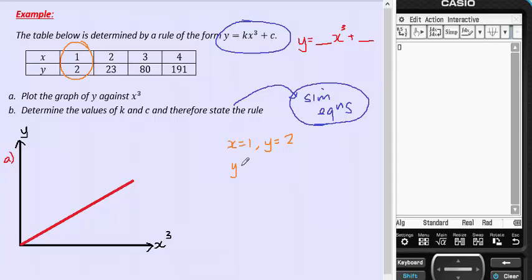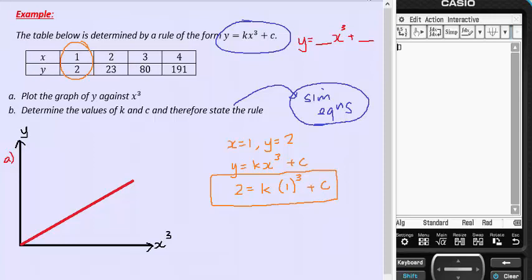So rather than writing y equals kx cubed plus c, I'm going to turn that into, well, y is 2 equals k, I don't know. Remember, that's something here that I have to work out. X cubed, well, x here is 1, so I'm going to write 1 cubed plus c. That's my first equation.